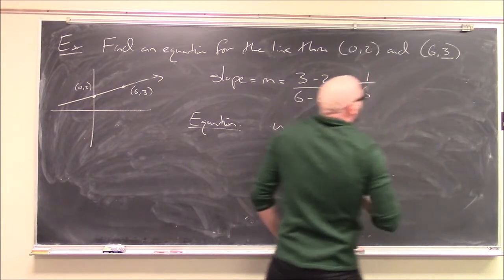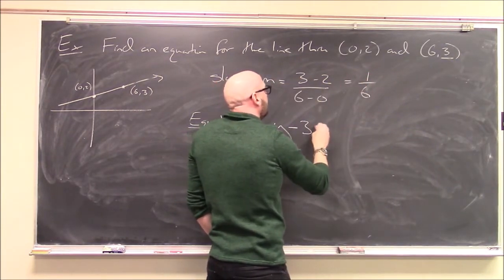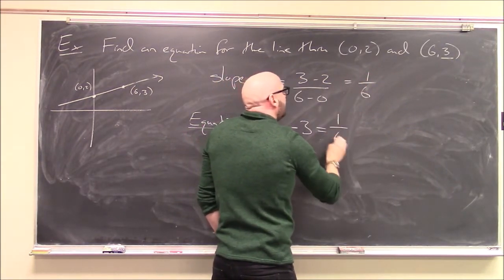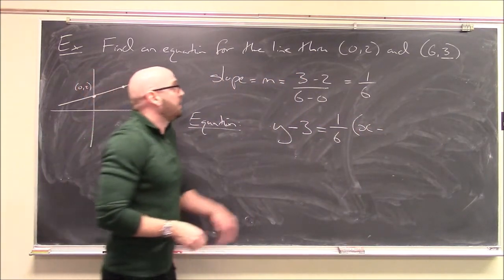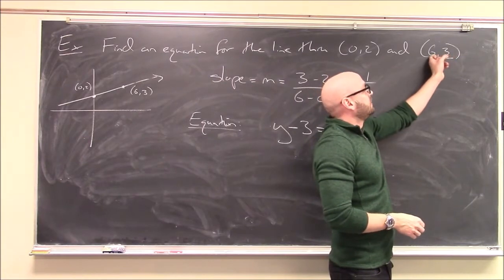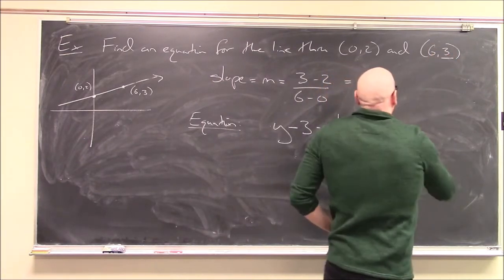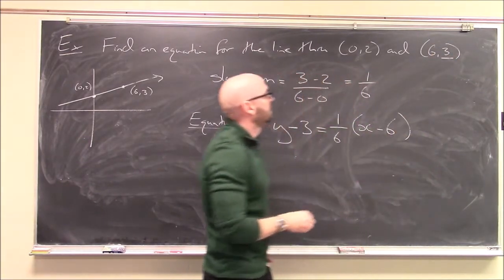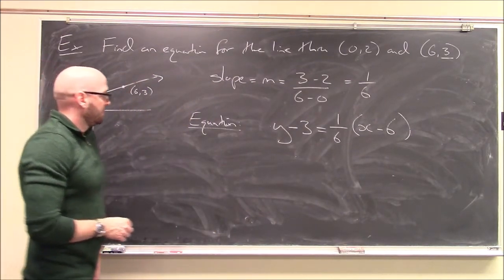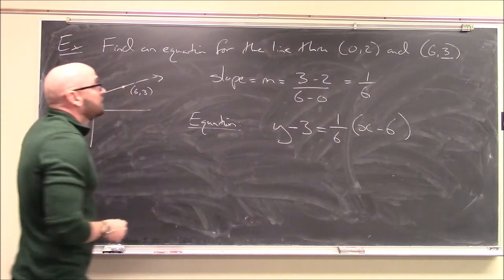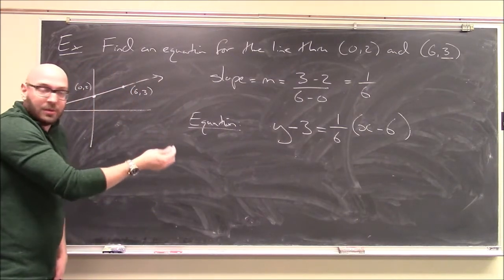Y minus 3 is equal to the slope, m, times x minus x1. Because I chose this point, I have to go with the x-coordinate from this point, so there we have it, x minus 6.